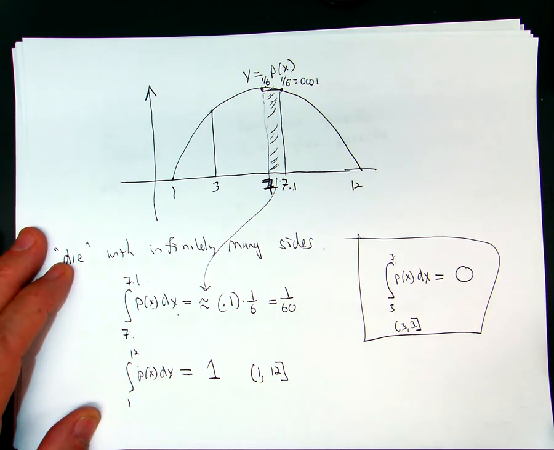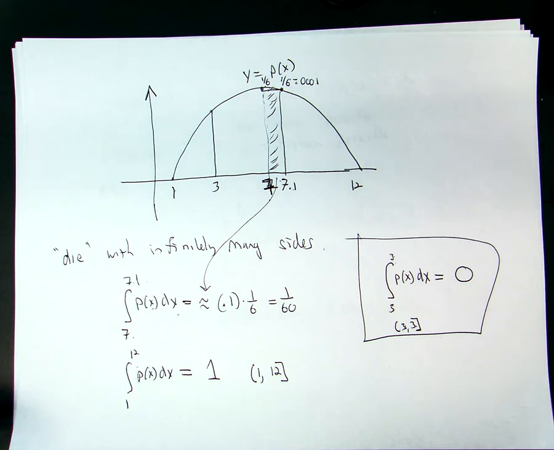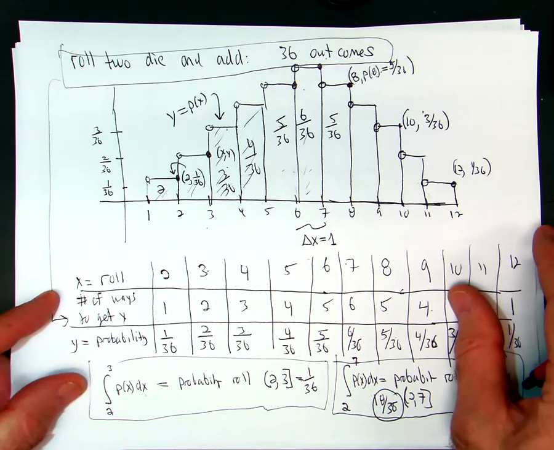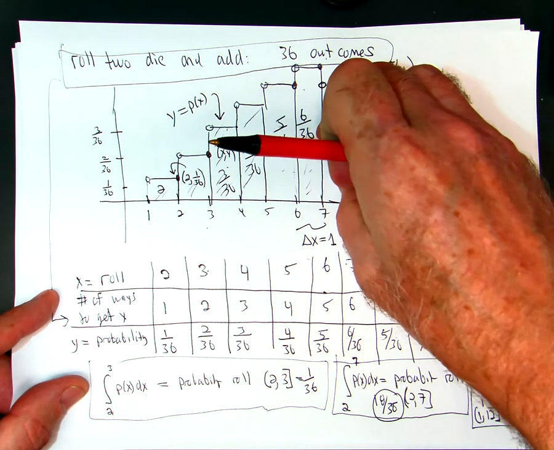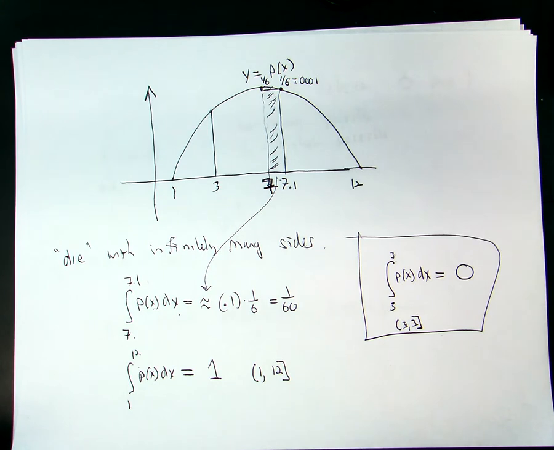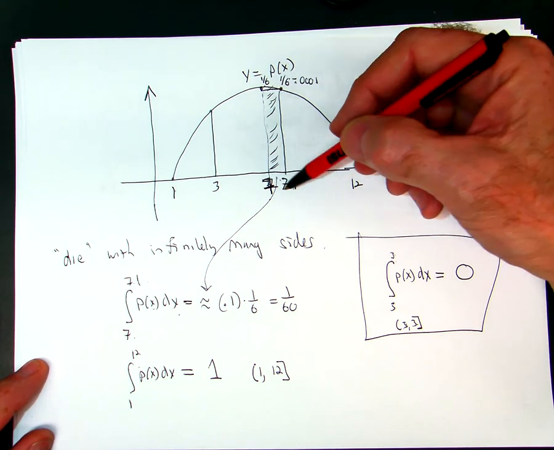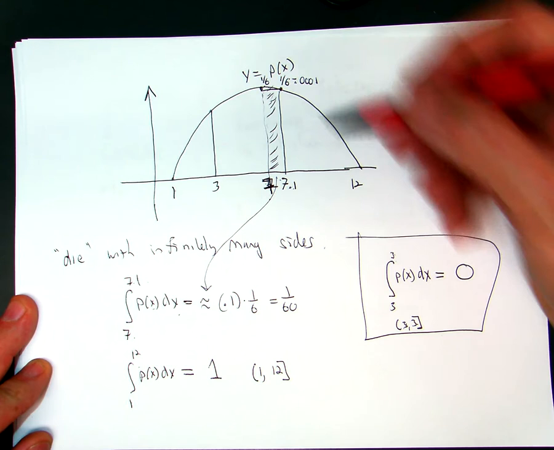Now, the way I envision a probability is like this. I take a discrete probability where I have 36 outcomes that I can count, 11 possible rolls. I have a bar graph. And then I imagine a situation where instead of having one die, I have infinitely many dice. If I want to look at my probability of getting between two numbers, 7 and 7.1, I think of it as an area of a rectangle.